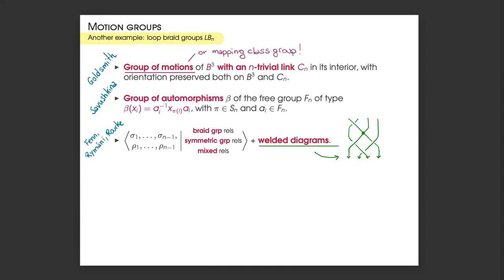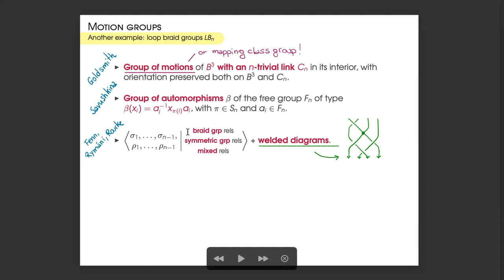A presentation for these groups came back in the literature with another name in another field, by Fenn, Rimanyi and Rourke, and this allows us to define the loop braid group also as an abstractly presented group with the presentation that you roughly see here. You have a set of generators that we would think of like the braid generators, and another set of generators that we will think of as permutation generators.